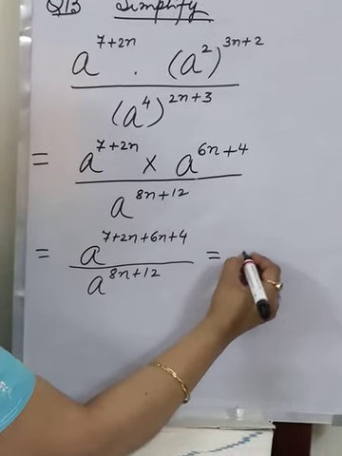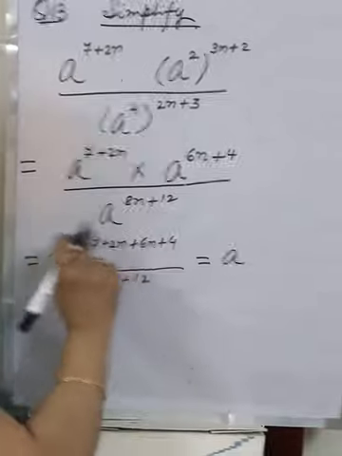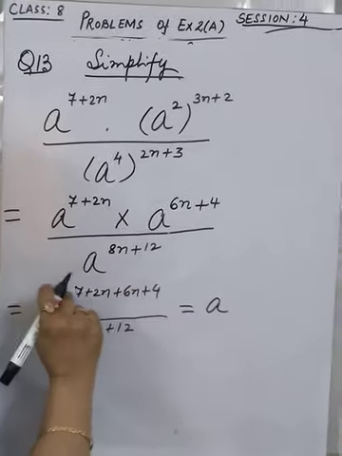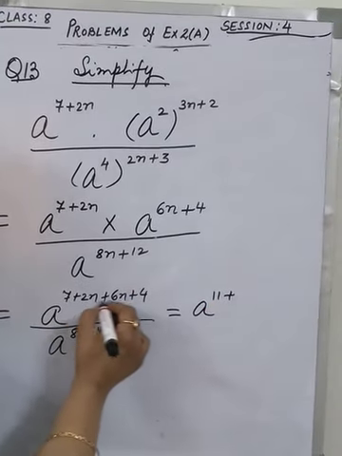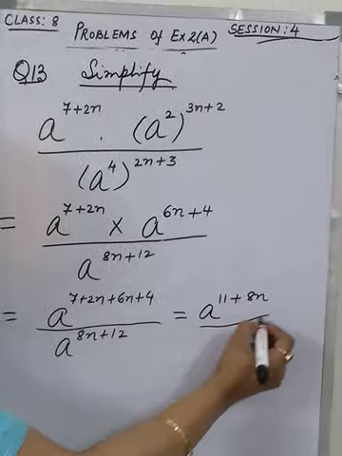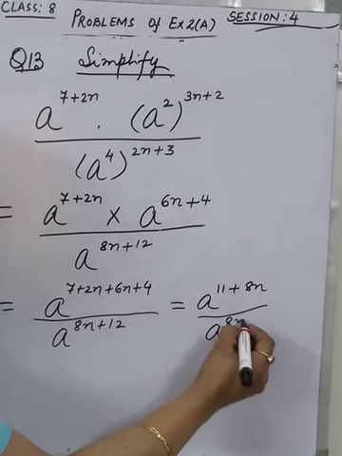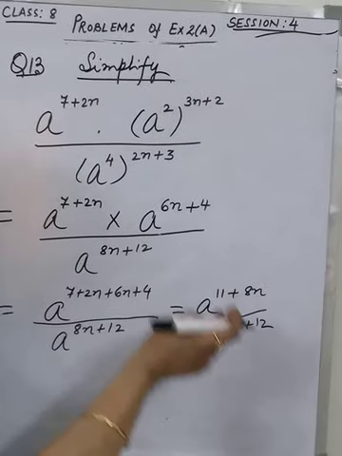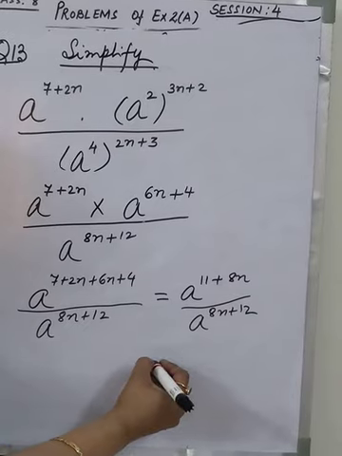So what we get here, variable will be added to the variable and constant will be added to the constant. 7 plus 4 will give you 11 and 2n plus 6n will give you 8n, upon a to the power 8n plus 12. Now we are dividing them, so on division powers get subtracted.